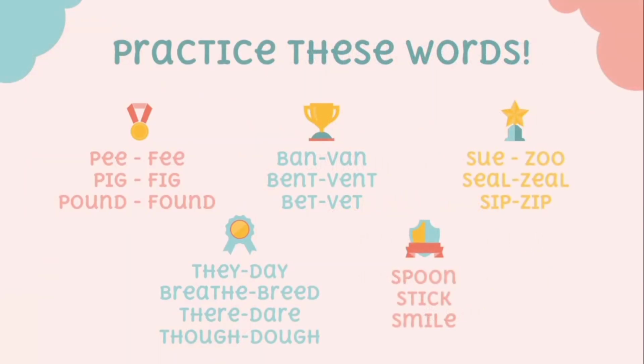So here are some examples you can practice. P versus F, we say P, fee. Pig, fig. Pound, found. B versus V. Ban, van.